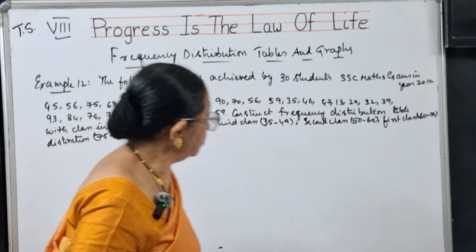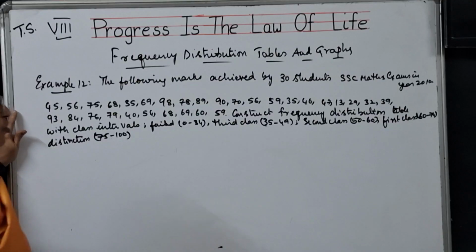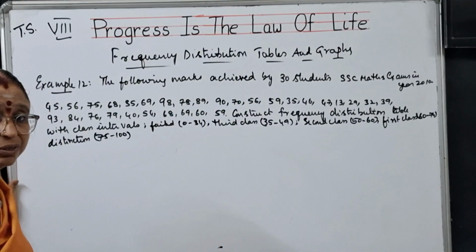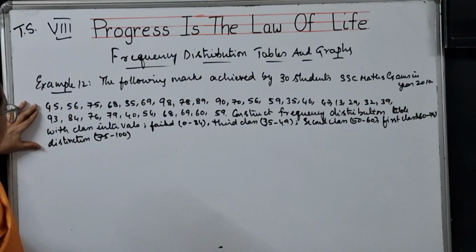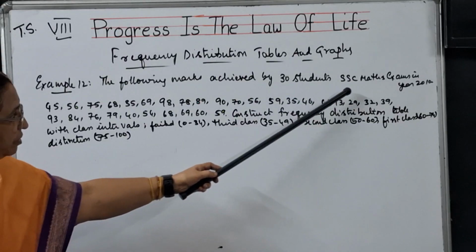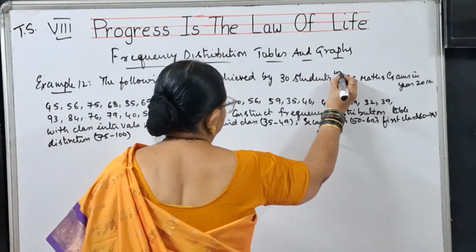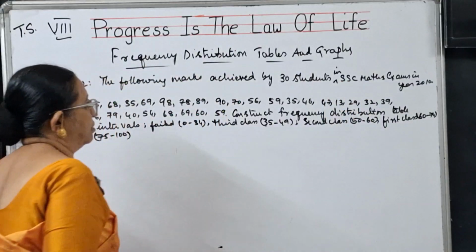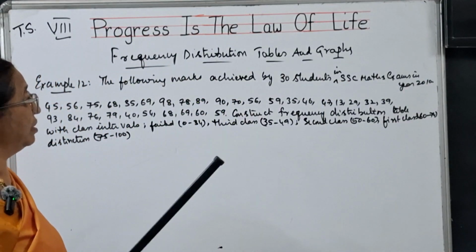Now, children, the next part is how to prepare a frequency distribution table. Earlier, you have seen how a table has to be prepared. See, in this example 12, they have given the marks achieved by 30 students in the SSC Maths exams in 2010.